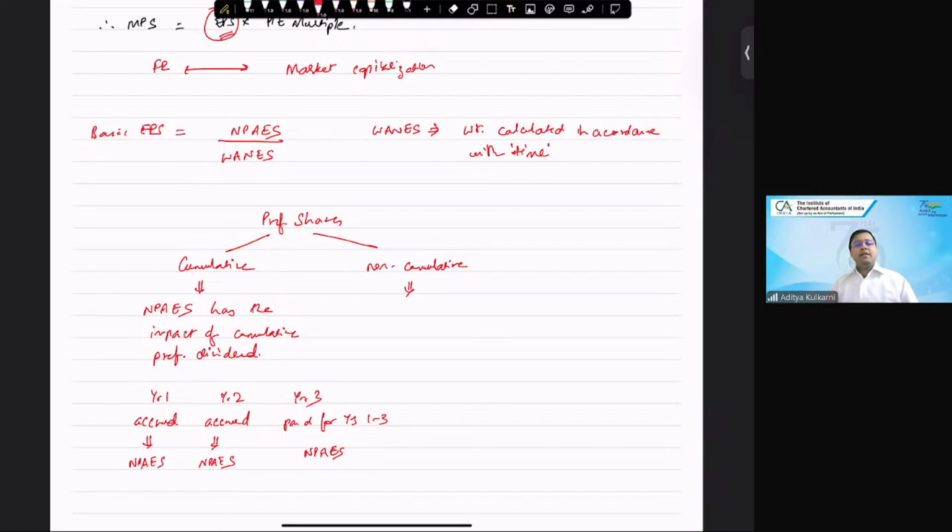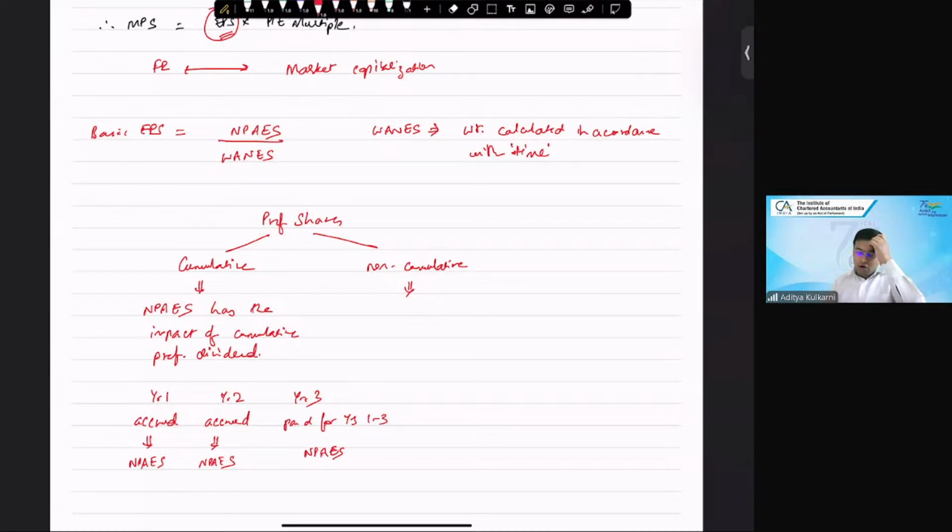If they feel that we need to retain the cash for further expansion or whatever, they will say we will not pay the dividend. And there is no obligation to pay the dividend in line with the terms of the issue of preference shares. For this reason, for non-cumulative preference shares, there is no liability if the dividend is not accrued.